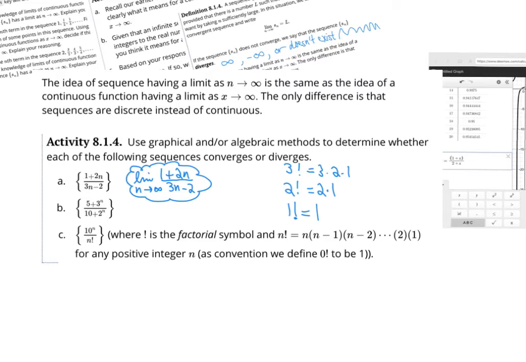It says here that we define as a convention 0 factorial to be 1, but there's actually a mathematical reason behind that. Another way to think of factorial is the number of ways of arranging that many things. For example, if I have 2 things, say a square and a circle, I can arrange them as square circle or circle square.